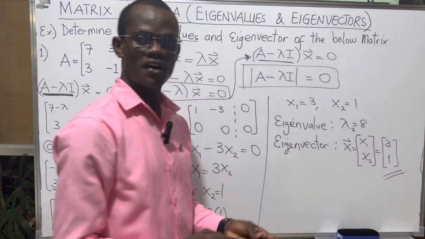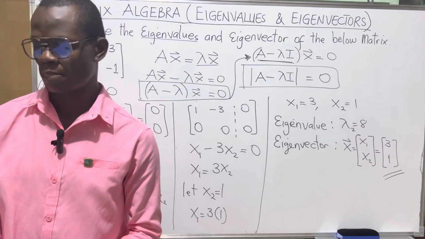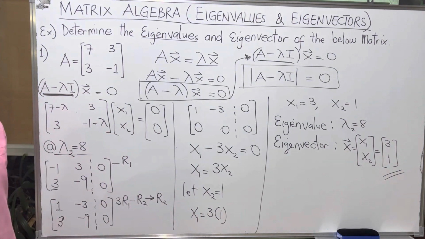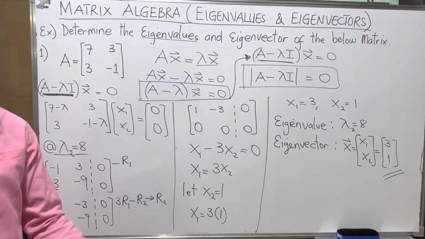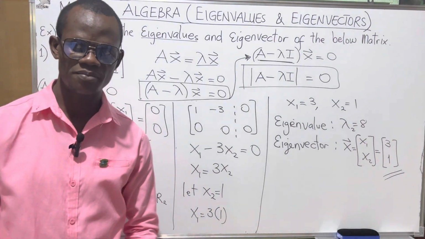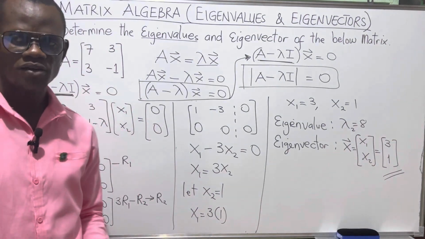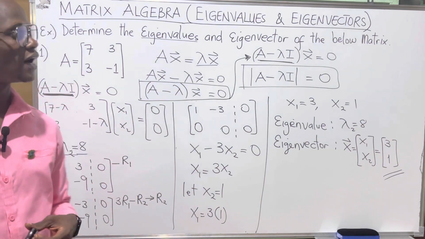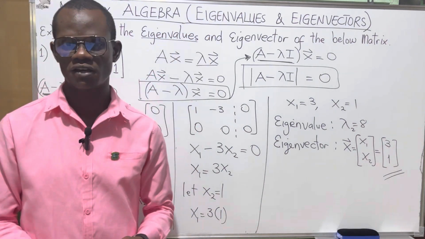So this is how we find eigenvalues and eigenvectors of a given 2 by 2 matrix. So in subsequent videos, we will do 3 by 3 matrix, 4 by 4 matrix, so that we have a broader understanding of how to find the eigenvalues and the eigenvectors of matrices.